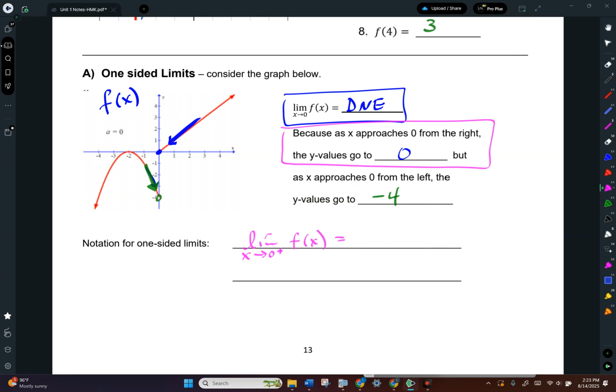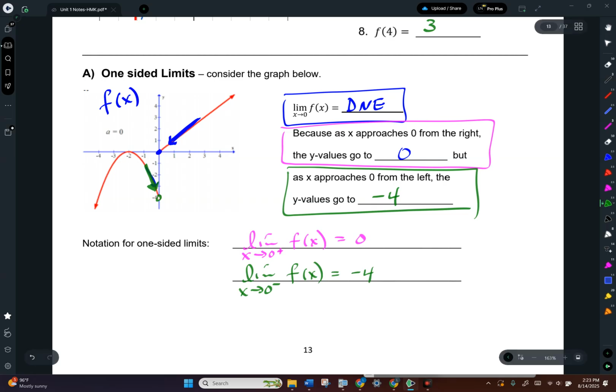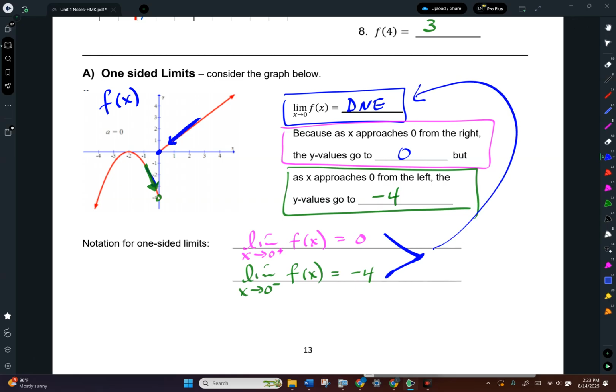So we said coming from the right, the y values go to 0, and then we said coming from the left, the y values go to negative 4. So the limit as x approaches 0 from the left, that's like a little negative sign of this function, those go to negative 4. And it's the fact that one side goes to 0 and one side goes to negative 4. It's the fact that those are not the same number. That's why we would say the overall limit does not exist, because those two sides don't go to the same number. Okay, so it's just kind of a notation thing.